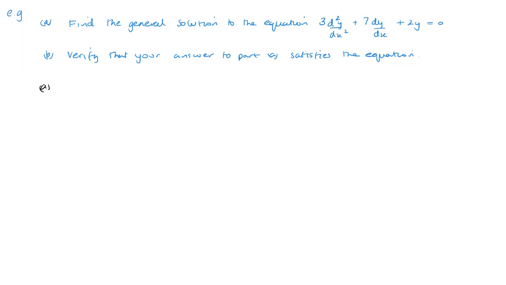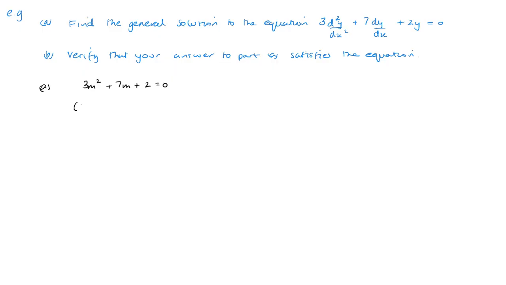The first step here will be to write down the auxiliary equation, and this is simply going to be 3m squared plus 7m plus 2 equals 0. Then we've got to solve this equation either by factorizing or by using the quadratic formula.